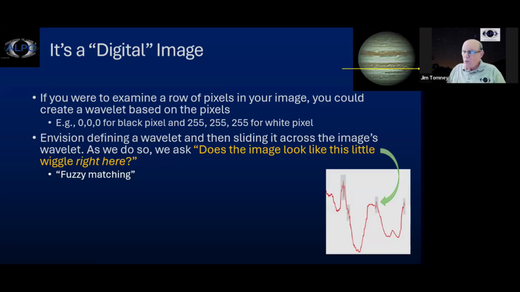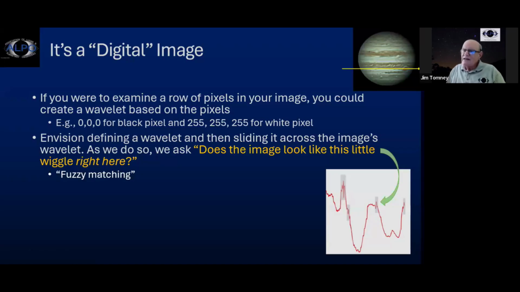Are there areas where you're matching up? And this would kind of be a fuzzy matching. Of course, you're not going to have a perfect match. I create some sort of a small wavelet to represent changing a boundary. So let's say I create a wavelet that somewhat might mimic where we go from the limb. So you're going to look for fuzzy matching.